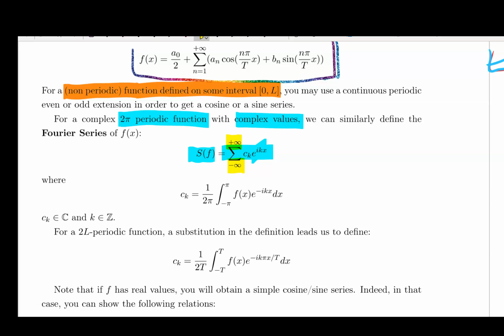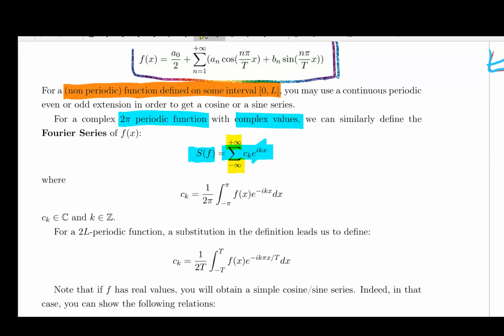So I must add positive frequencies as well as negative frequencies. And you can do exactly the same kind of computations, and that's also some of the basic integrals that you can perform.